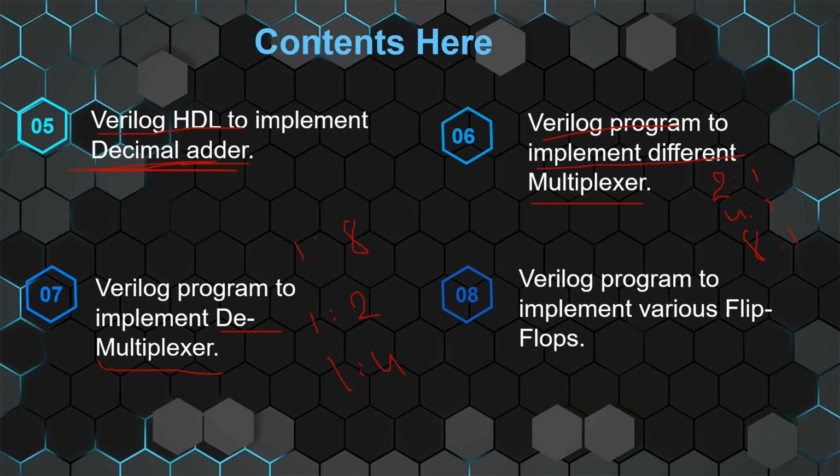And the eighth question is Verilog program should be implemented for various flip-flops. Various flip-flops includes SR flip-flop, JK flip-flop, and D flip-flop. We'll be implementing Verilog program for these flip-flops. Okay, so this is all about the brief and description of 8 questions that you have as your lab assignment.